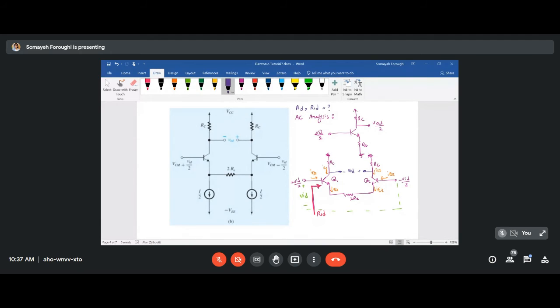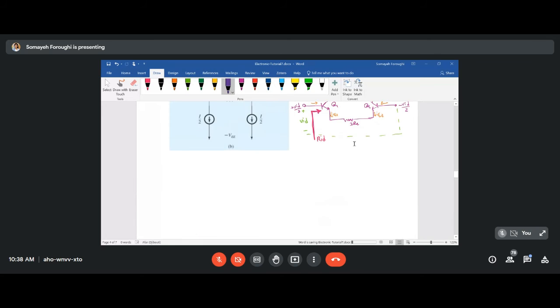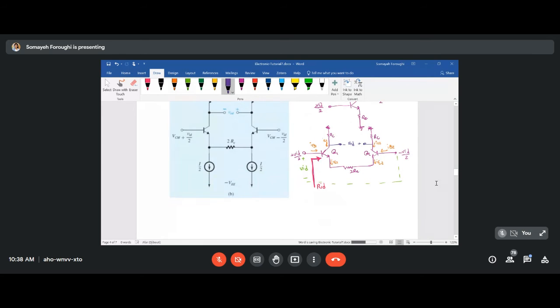Again, like what we said before, IB1 should be the inverse of IB2. Okay, now it's working. So again, I'm going to say IB1 is the negative of IB2.